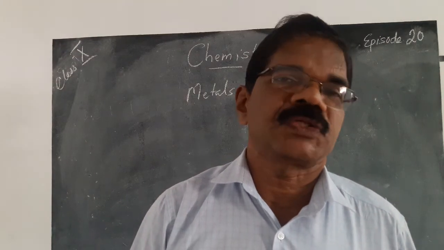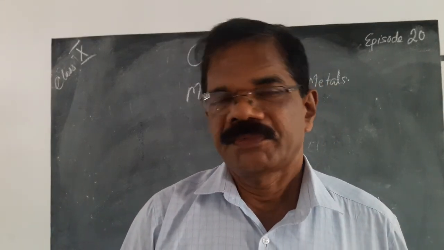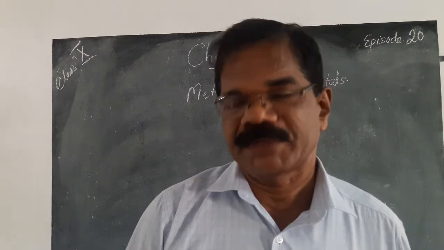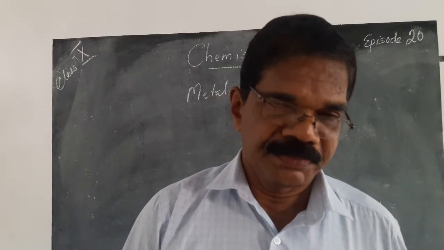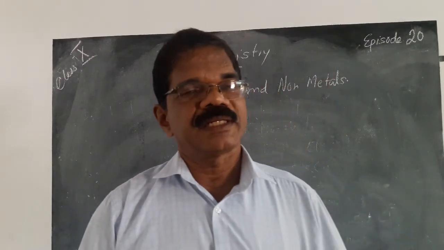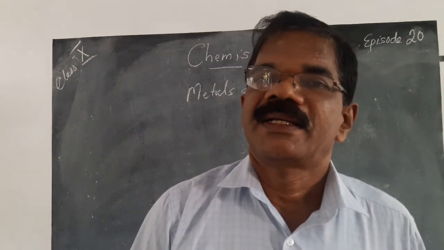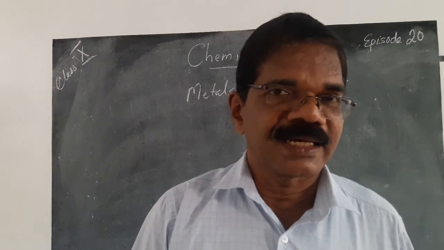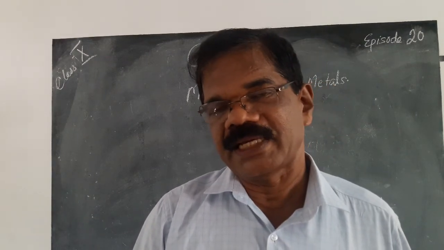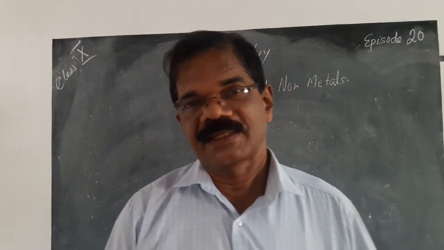What are the main components of the atmosphere? We all studied several times: 78% nitrogen, 21% oxygen, the remaining 1% are hydrogen and inert gases, etc. They are non-metals. These are in which state? They are in the gaseous state.